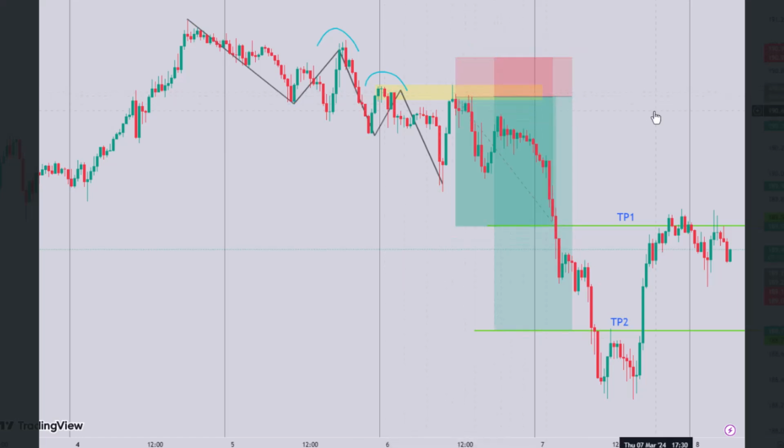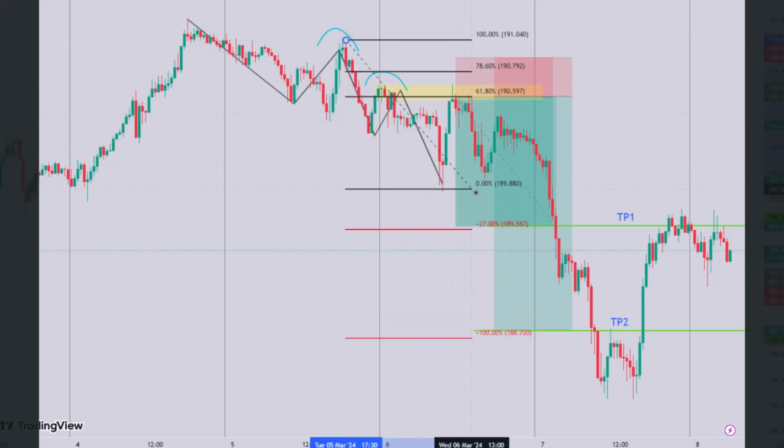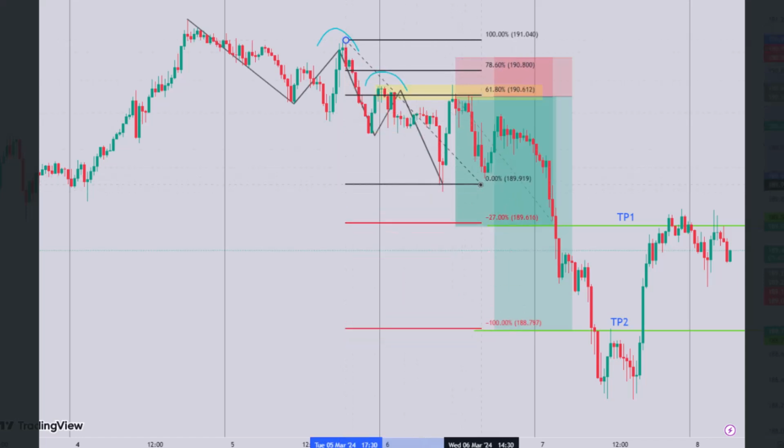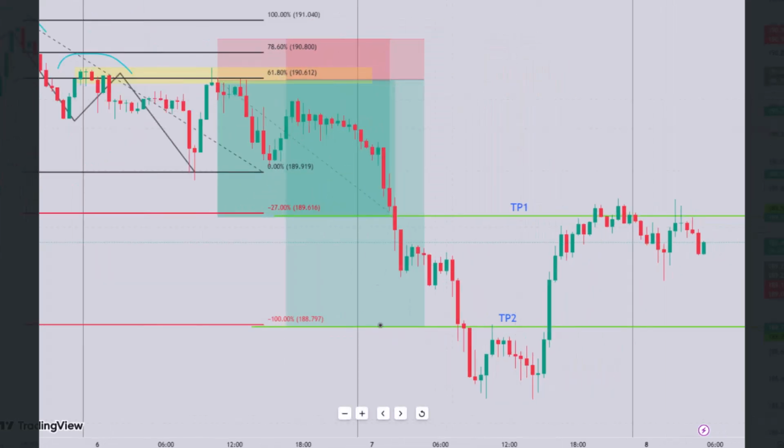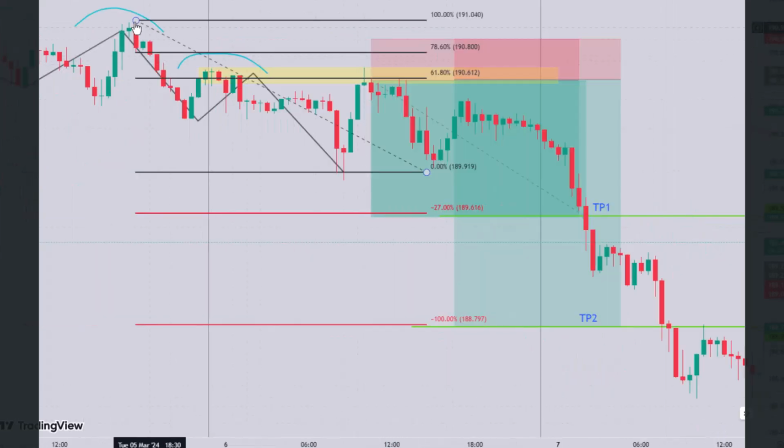Next, I used my Fibonacci retracement tool from the relative high all the way to the relative low. What happened? As price navigates back into that zone, let me zoom it out. Remember, I have my Fibonacci retracement tool.